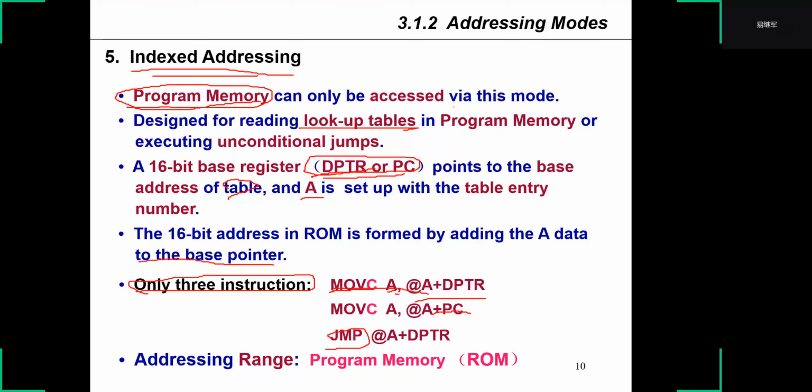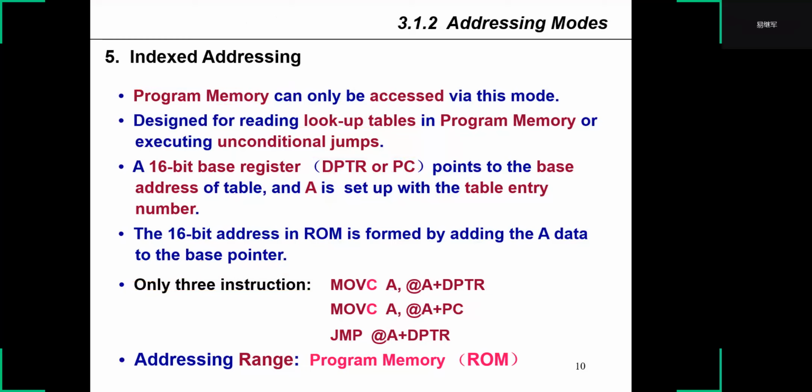This means we can look up the table and get the code and move it to A. This one takes the PC, adds the offset, gets the value and moves it to A. This one is JMP, jump to this address.